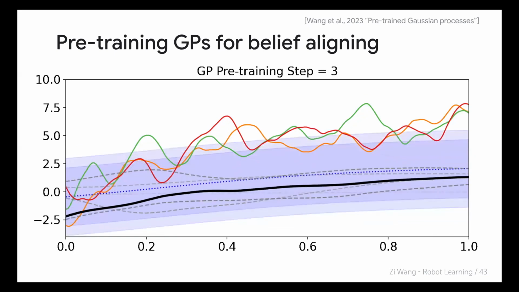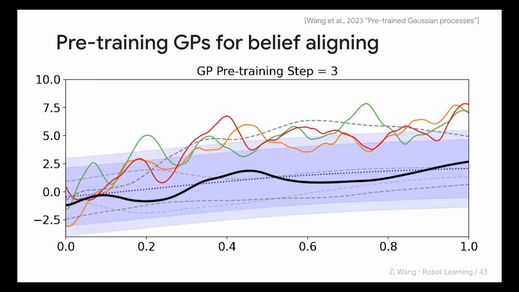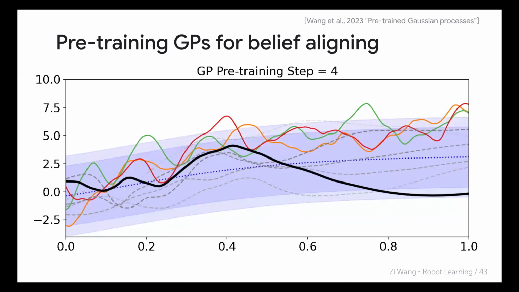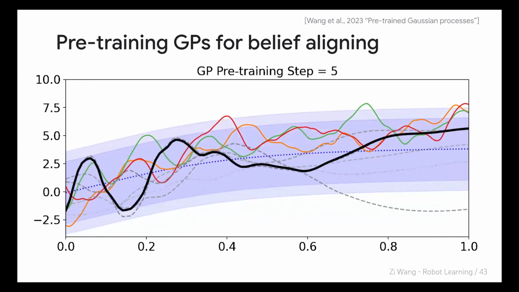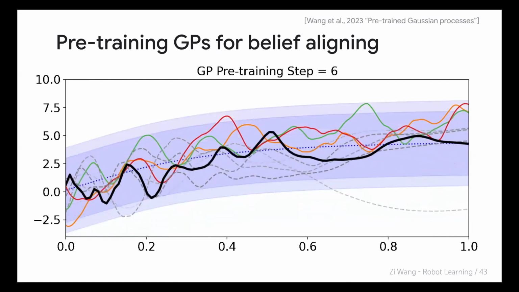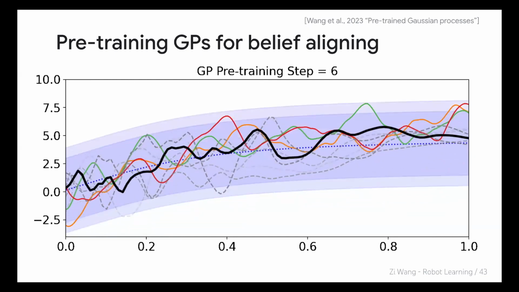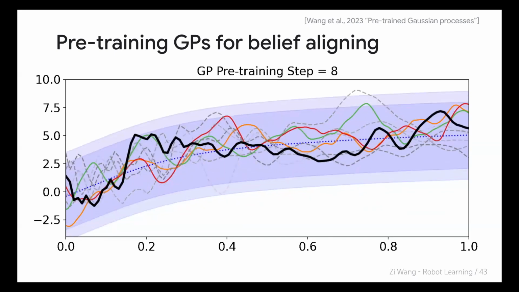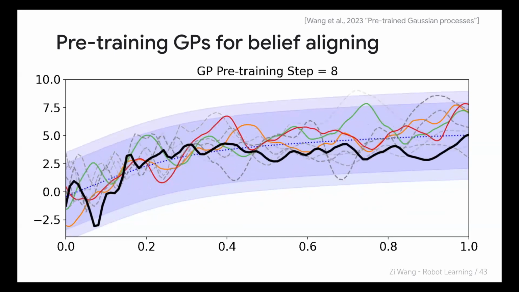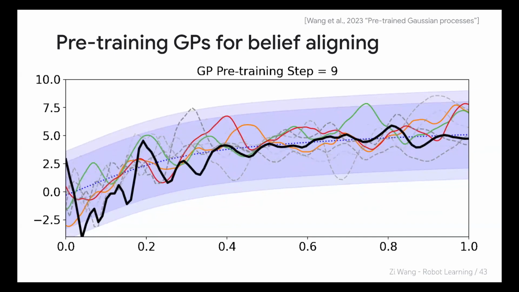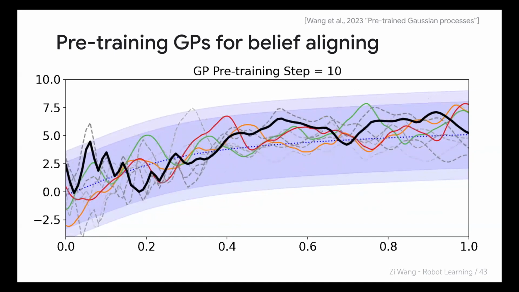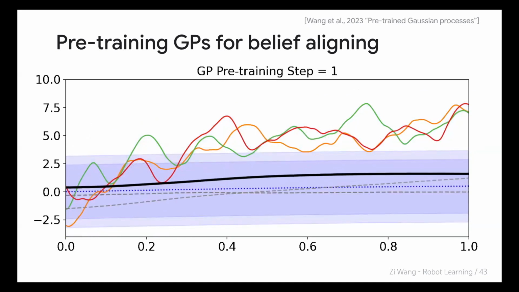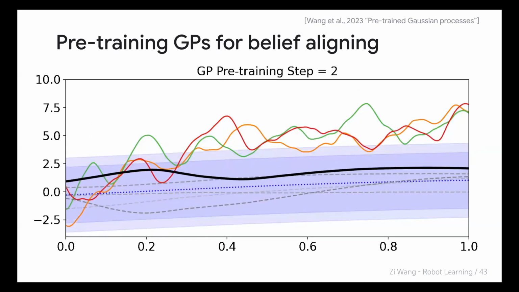And eventually, like you're seeing here, even if the Gaussian process is generating functions that are very different in the beginning, it is able to gradually find its way to generate functions that both agree on the mean level and also mimic the kind of variations, which is something that we may think about in terms of length scales.